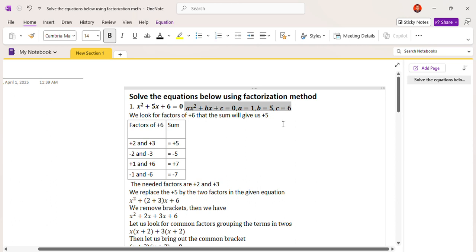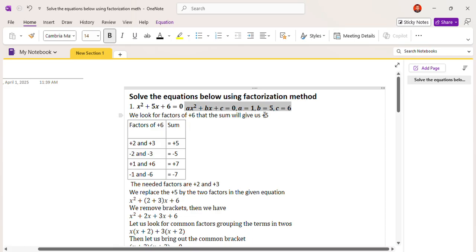So the first thing we are going to do is look for factors of 6 whose sum will give us plus 5. The reason it is factors of 6 here is because our a is 1.